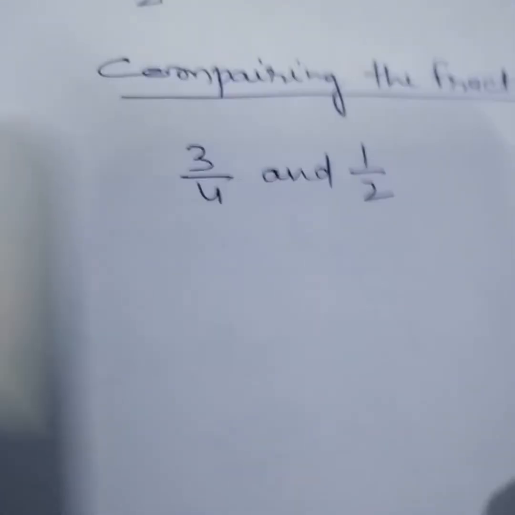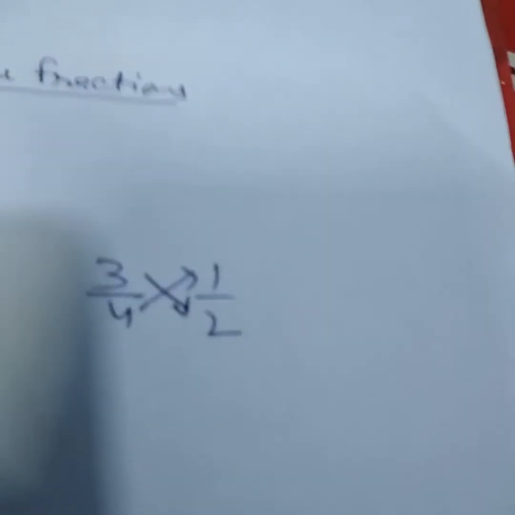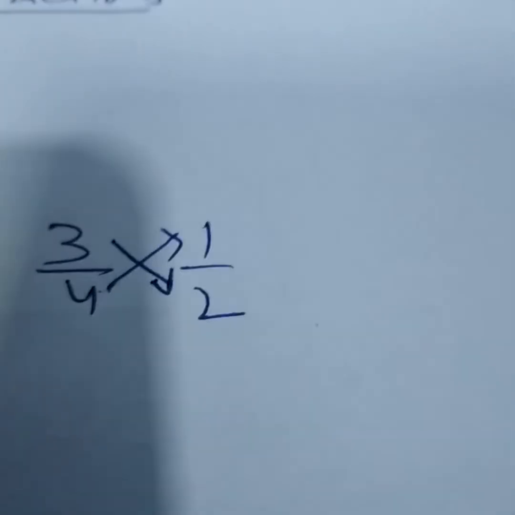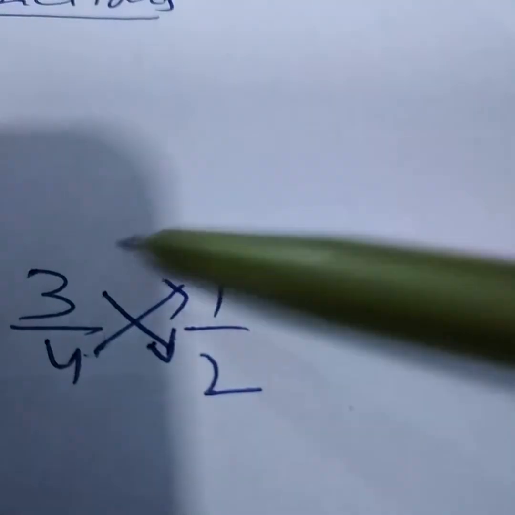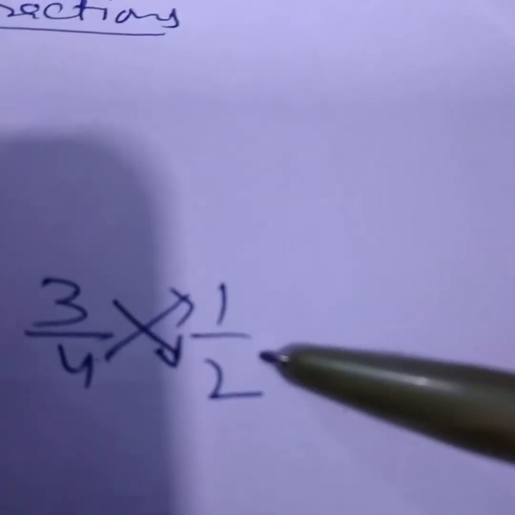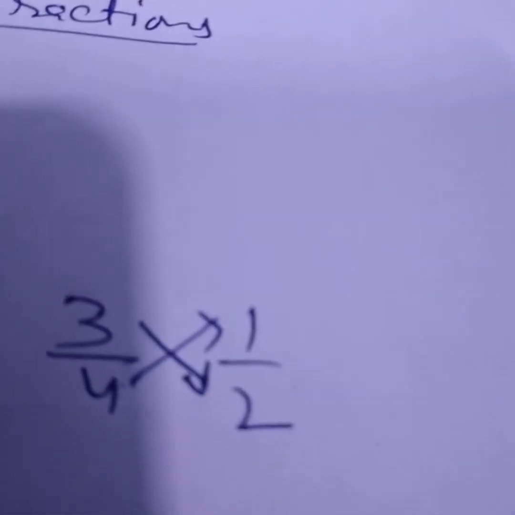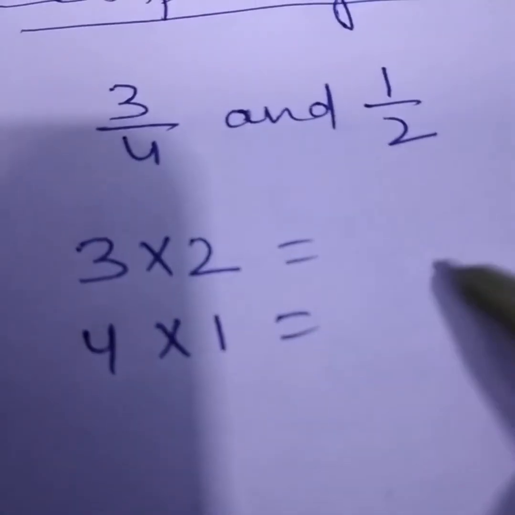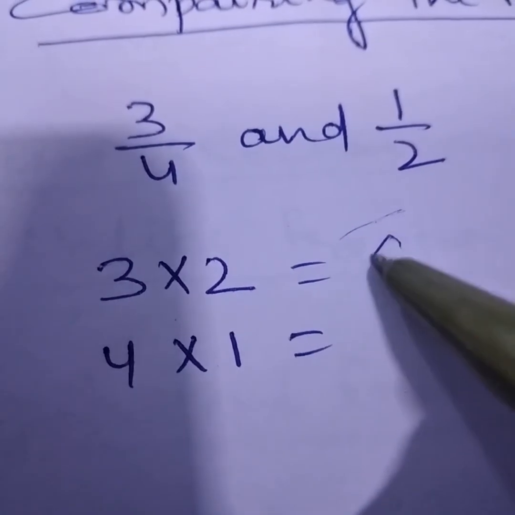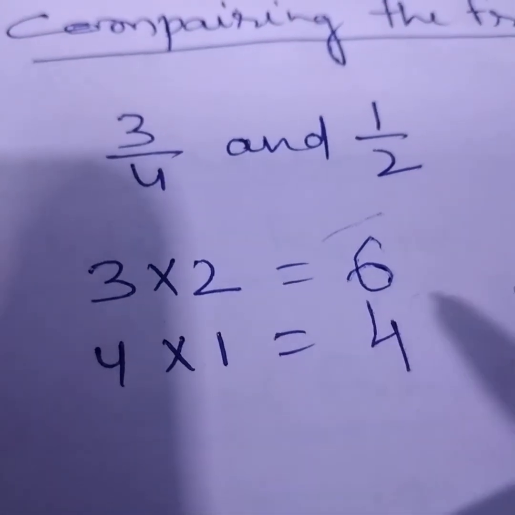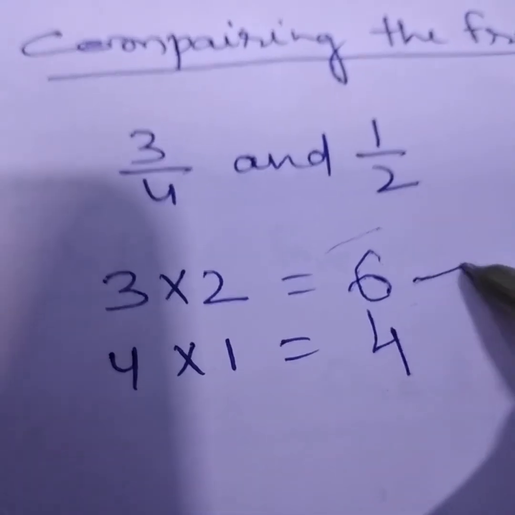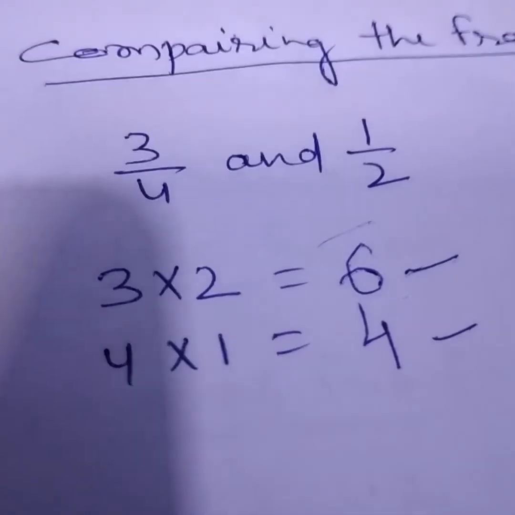Children, here we will cross multiply numerator to denominator: 3 into 2 and 4 into 1. What will we observe? 3 into 2 is equal to 6, and 4 into 1 is equal to 4. Here 6 is greater, 4 is smaller.